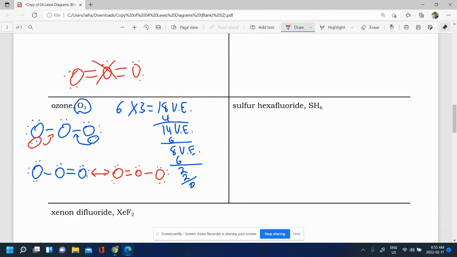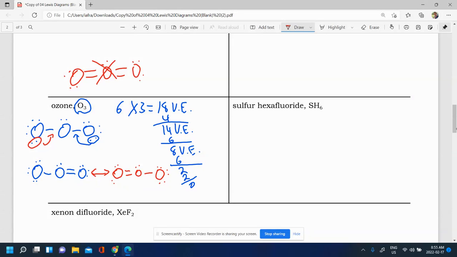Now, the arrow with the 2 heads does not mean that the 2 structures are interchanging or are becoming one and the other over and over again. What it means is that overall the real structure is a hybrid of the 2. So when you have resonance structures, it doesn't mean that you have a mixture of all these structures existing independently. It means the actual structure is some hybrid of these.